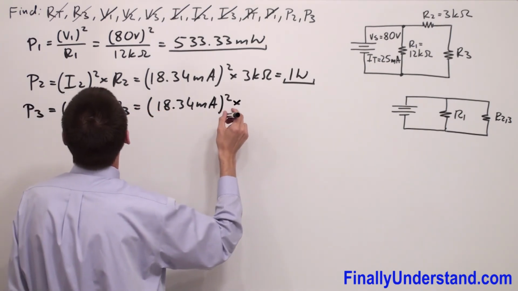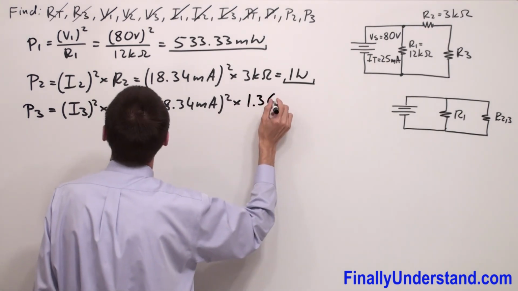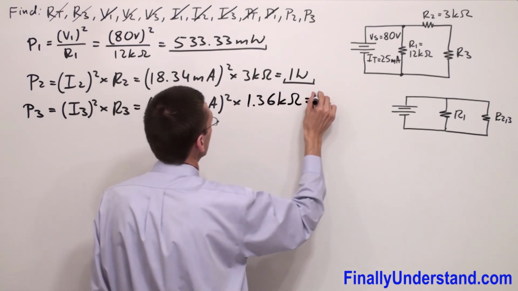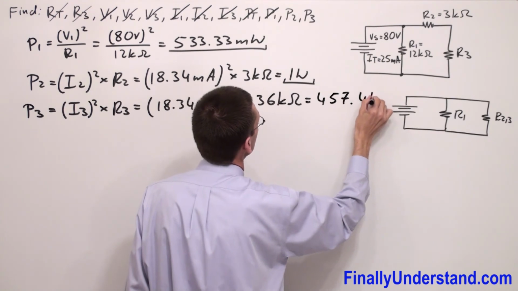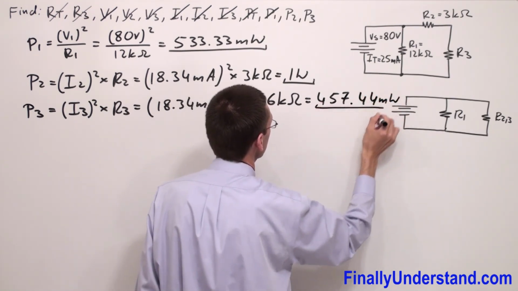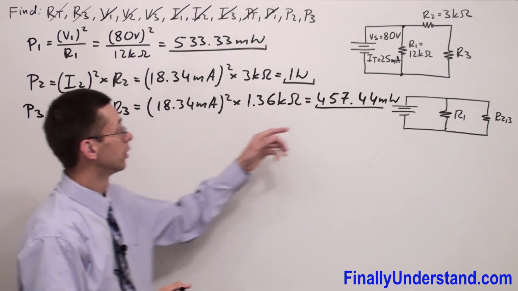We found R3 and this is equal to 1.36 kiloohms. This is equal to 457.44 milliwatts. Okay, so this is the power at resistor R3.